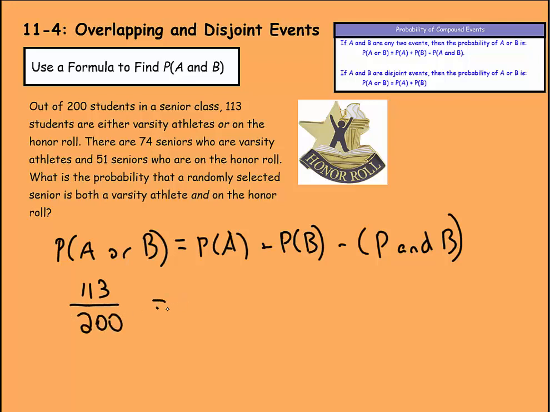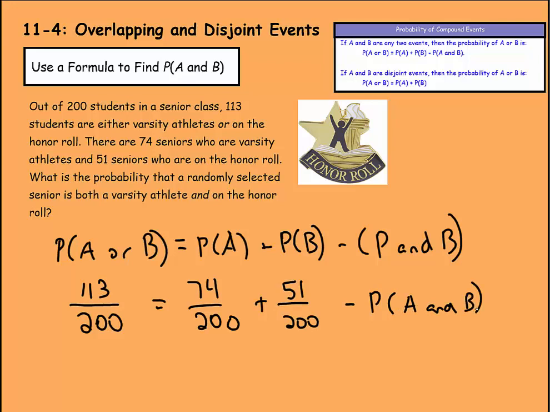And that's going to equal the probability of A, we'll make varsity athletes A, so 74 out of 200, plus the probability of B, which would be honor roll, which is 51 out of 200. Minus, what we don't know yet, the probability of A and B, the intersection. This is what we need to solve.